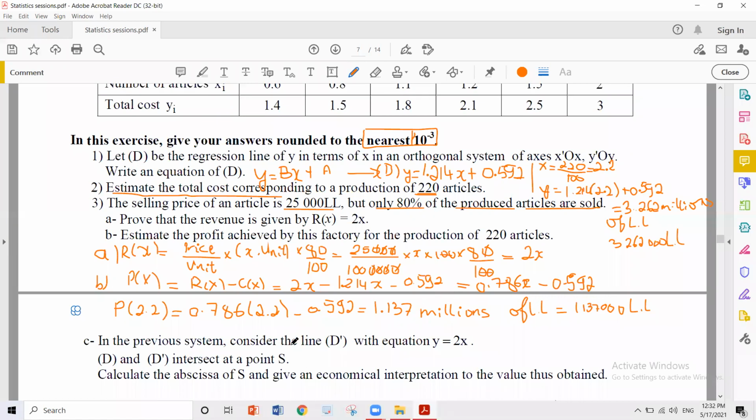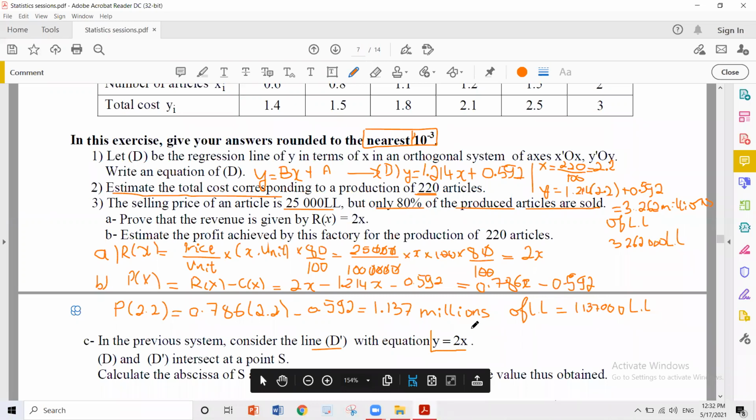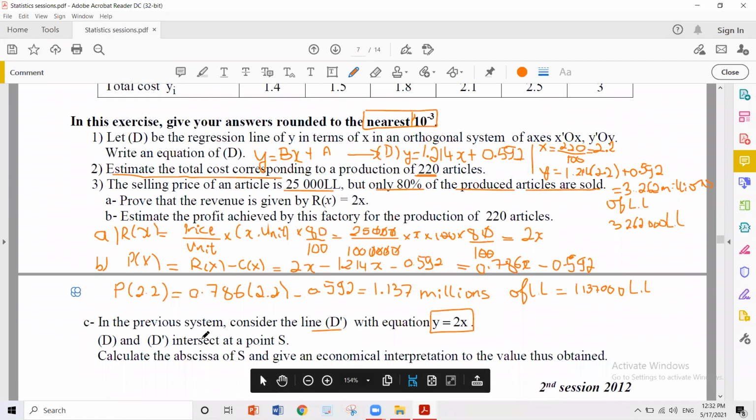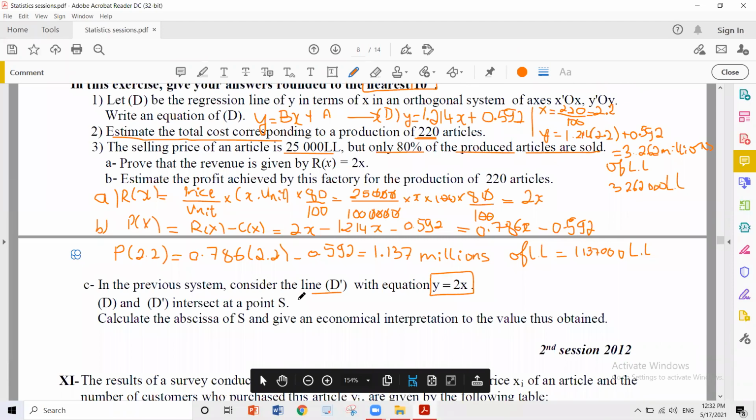In the previous system, consider the line D prime with equation y equal to x. D and D prime intersect at a point S. Calculate the abscissa of S first.